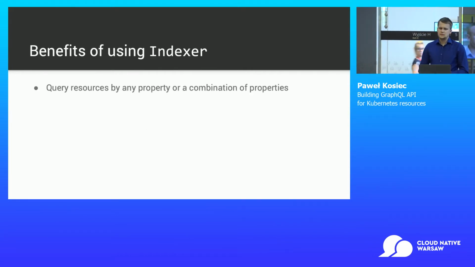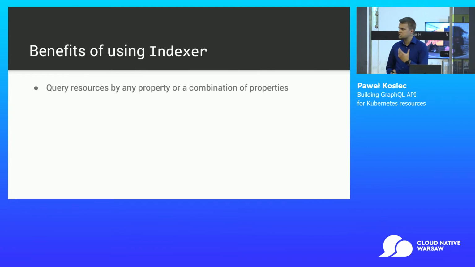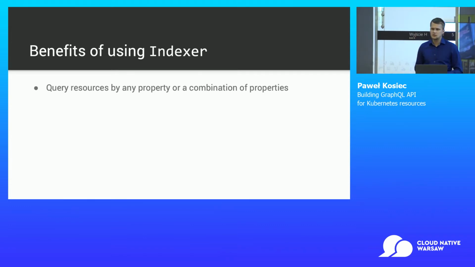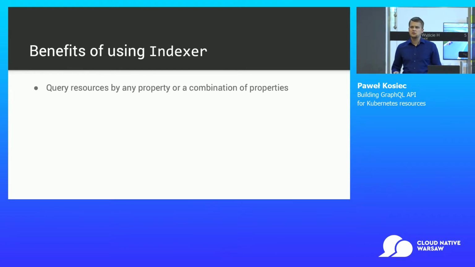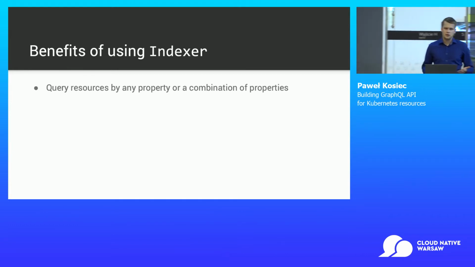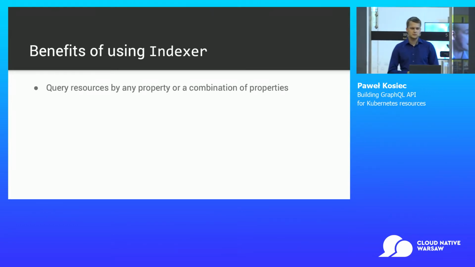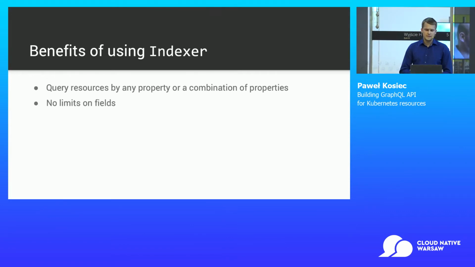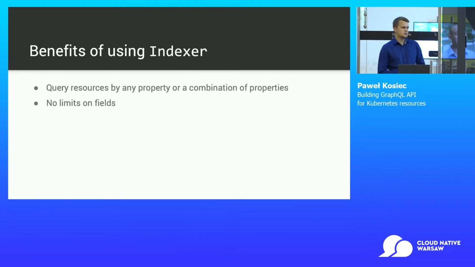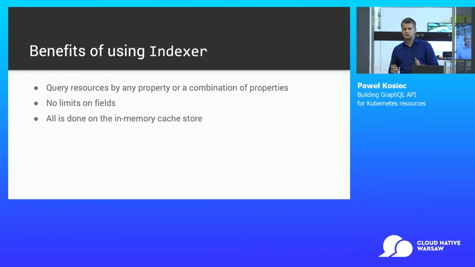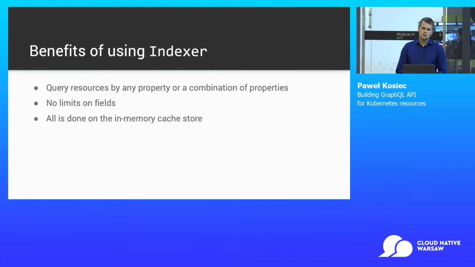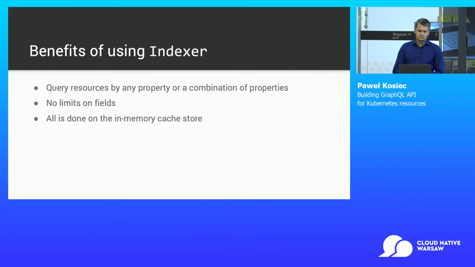So the benefits are that we can query every Kubernetes resource by any property or combination of properties, because it depends on how we define the index functions. There are no limits on fields, and the best part is that it's all done in the in-memory cache store.